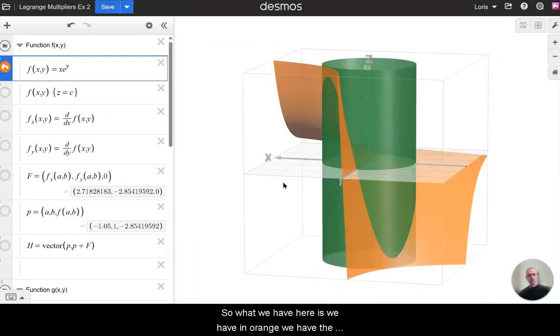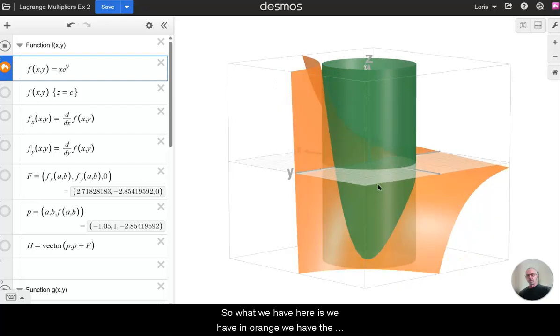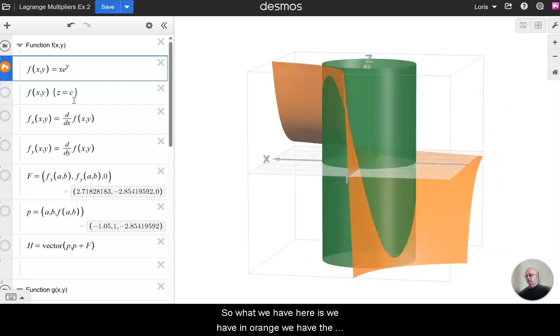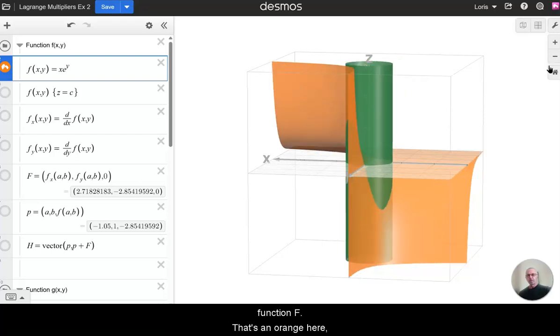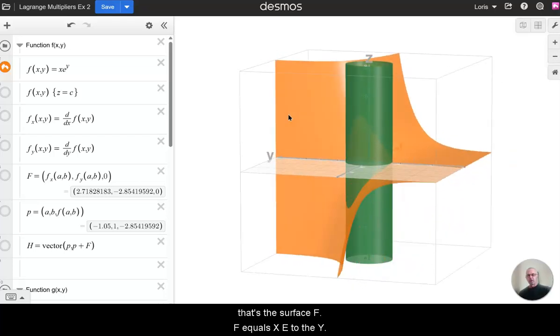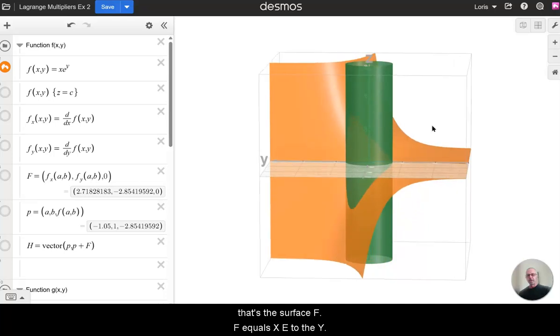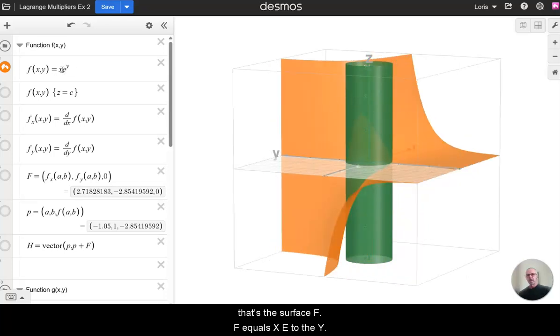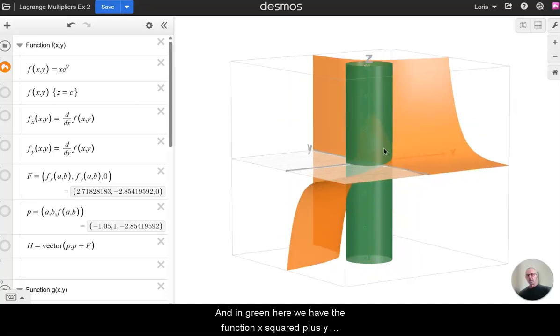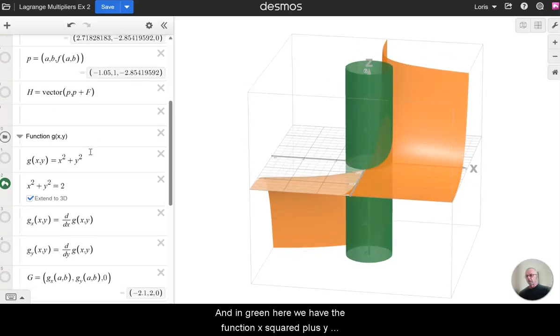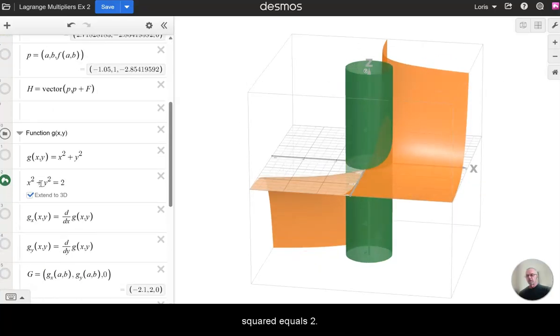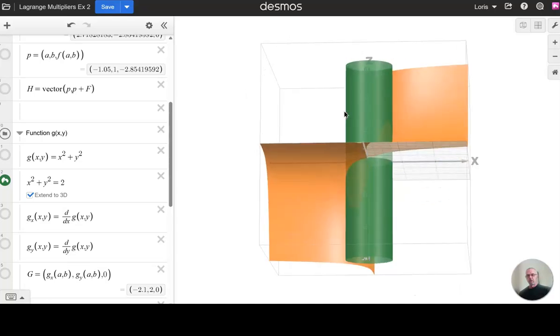So what we have here is, in orange, the function f. That's the surface f. F equals x e to the y. And in green here, we have the function x squared plus y squared equals 2. All right?